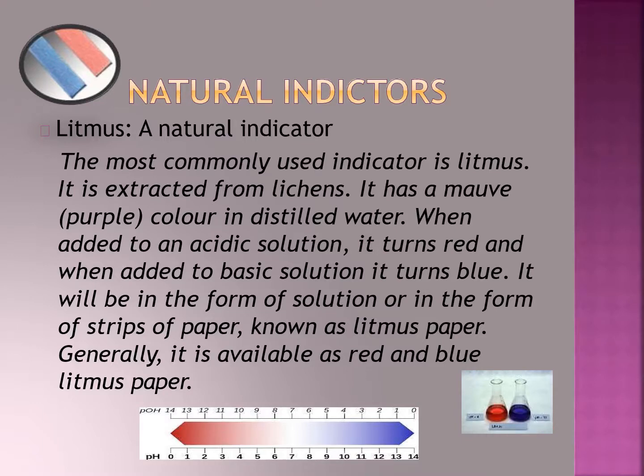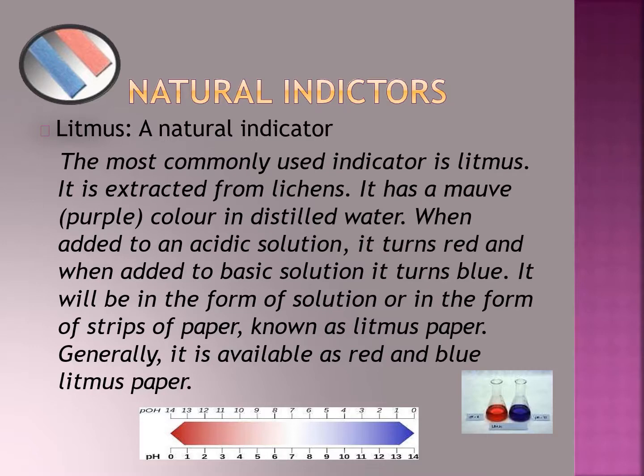And if a solution falls under 7, that means it is a neutral solution, like pure water, which has pH value 7. The solutions which fall under 8, 9, 10, 11, 12, 13 and 14 are said to be basic. And the solution which has pH 14 is highly basic in nature.